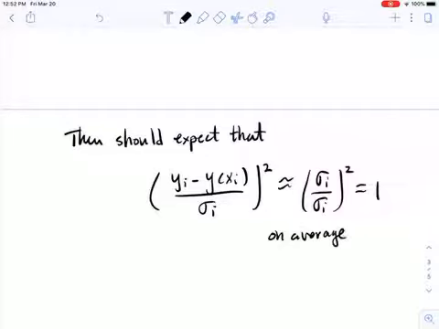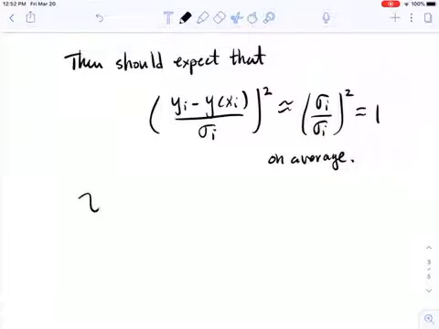Of course, for some points, maybe we do get a measurement that falls very close to the line, and this deviation divided by sigma will be small. But then there's maybe other points where the deviation is a little bit large, and on average, those two effects cancel out.